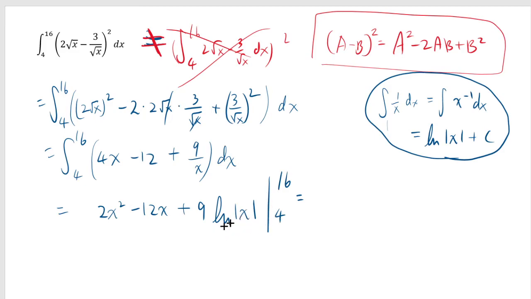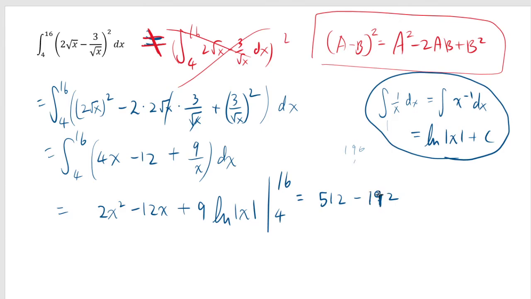And that's going to be a huge number. So after this, you will need to use the calculator, but let's see, 16 squared is 256 times 2, that will be 512. 16 times 12 will be, let's see, 192, sorry.